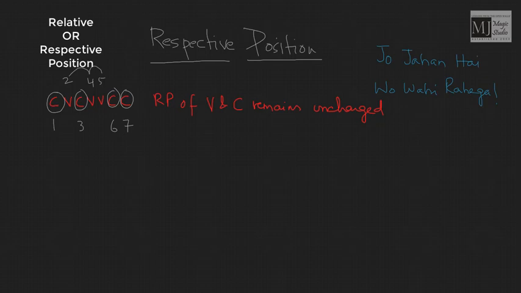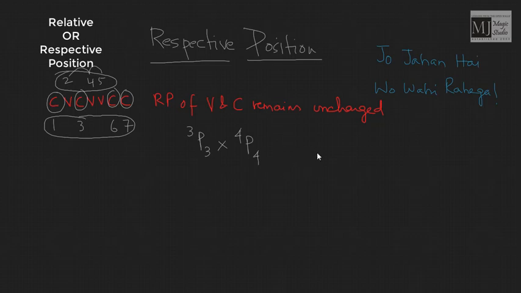That means vowels would be arranging themselves on 3 chairs and consonants on 4 chairs. So 3 vowels on 3 chairs arrange in 3 factorial ways, and 4 consonants on 4 chairs in 4 factorial ways.